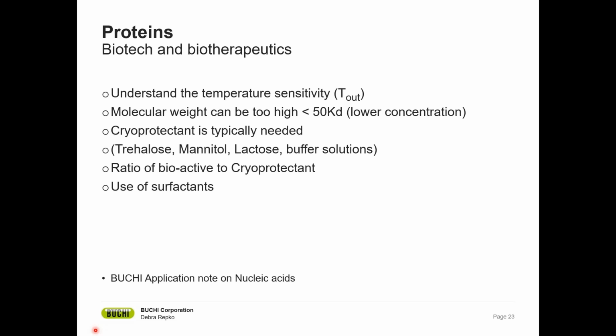Once again, I need a cryoprotectant or encapsulant, and we definitely have different choices when doing that. I think, again, it really depends on what the end use is for. Again, that reoccurring theme of ratio of my bioactive to my cryoprotectant and the use of surfactant.